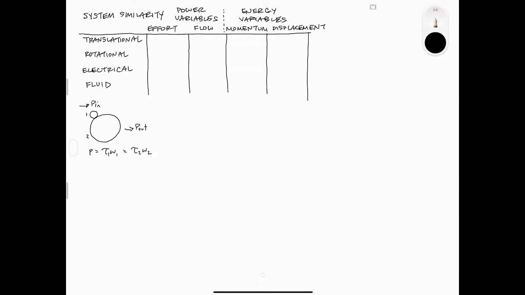We also have power in an electrical circuit sense, where we have some sort of voltage right here and a current through this resistor, and the power in the resistor is going to satisfy the equation voltage times the current.